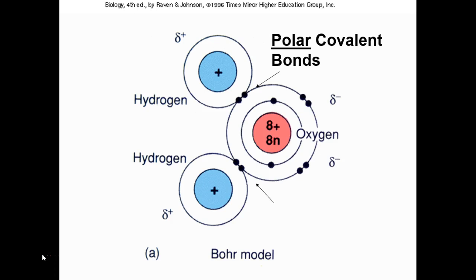Let's take a look at our model again. It turns out that when we look at our covalent bonds shared between oxygen and hydrogen, those electrons are not going to be equally shared.